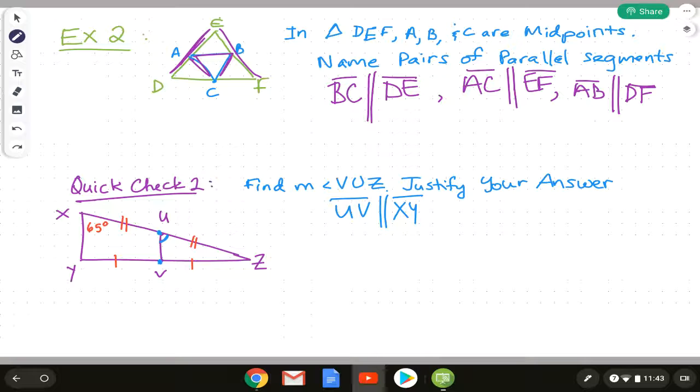Alright, if those are parallel lines, then I could think of XZ as a transversal. Okay, you would probably not be writing quite this much out if you were just trying to justify your answer, but I want to make sure you understand why. So I'm going to let XZ be a transversal.